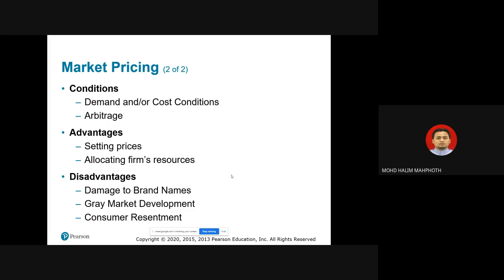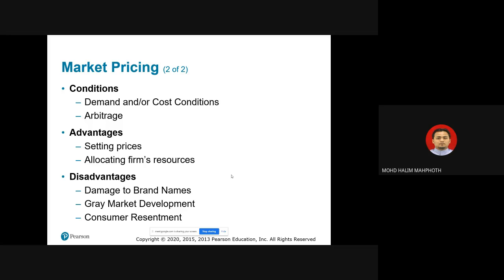So this is what we have under gray market development. People do buying and selling activity through a not proper channel, like when they go for vacation, they buy extra and then sell it to their friends.